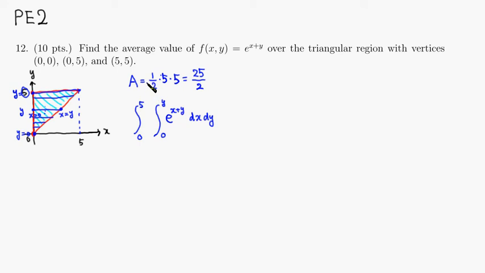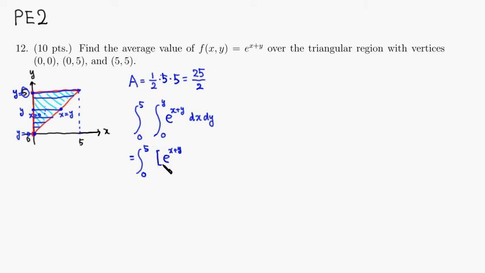Let's evaluate this. I'm going to leave the outer integral as it is. If you take the antiderivative with respect to x, you will get e to the x plus y; it really doesn't change.